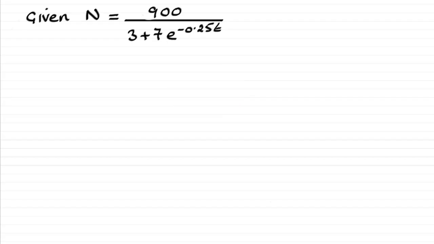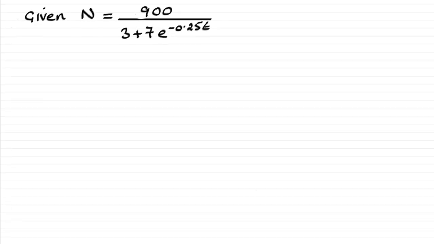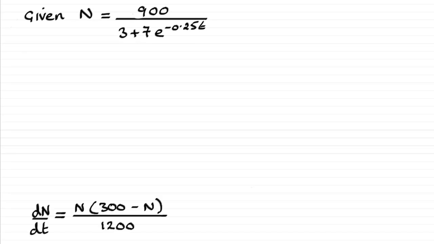Okay, so for this question, we're given n equals 900, all divided by 3 plus 7e to the power minus 0.25t, and asked to show that dn by dt equals n times all of 300 minus n, all divided by 1200.